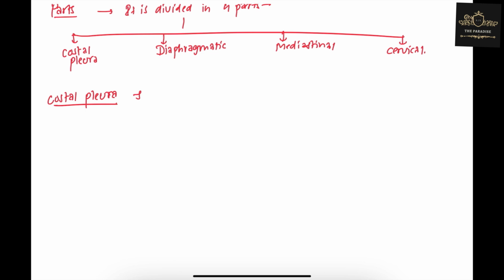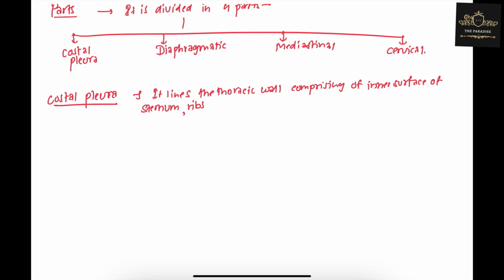It lines the thoracic wall comprising the inner surface of sternum, ribs, and intercostal spaces.